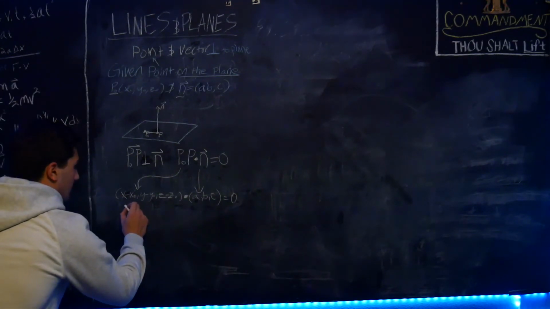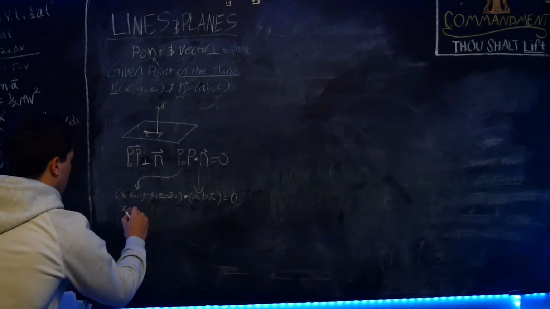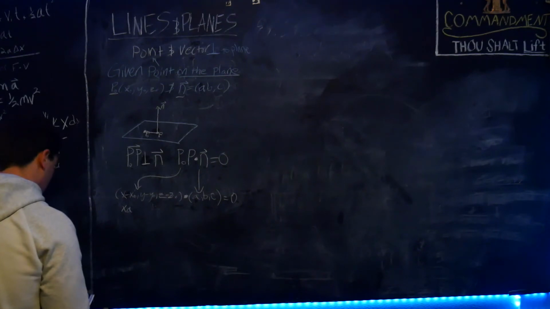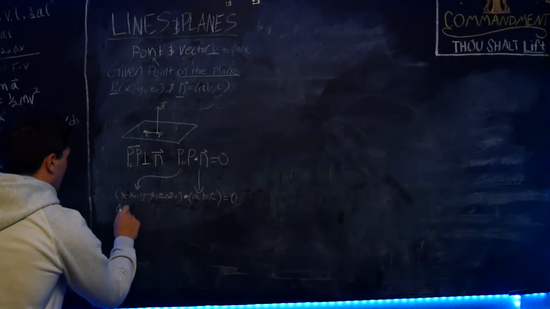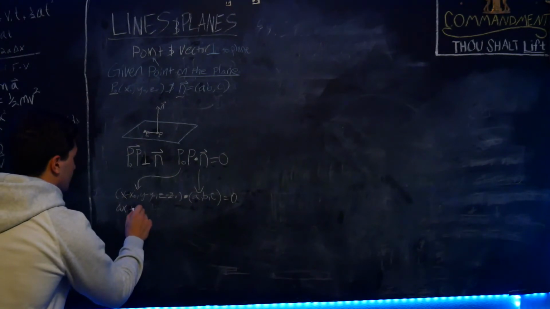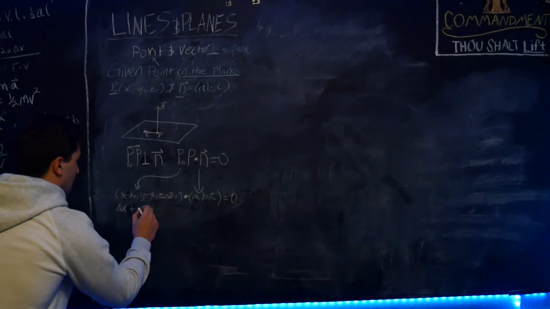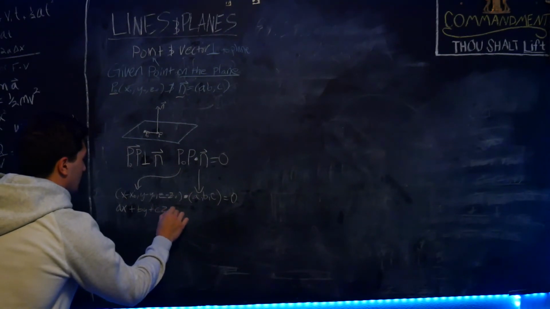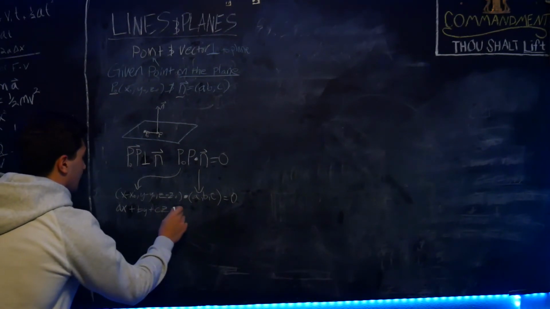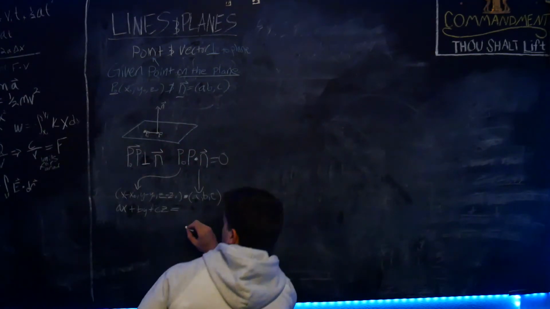So, X, A, you can write AX, whatever. Let's write AX. Plus, right? Because we moved the minuses over there. C, okay, equals, try to finish this if you can.